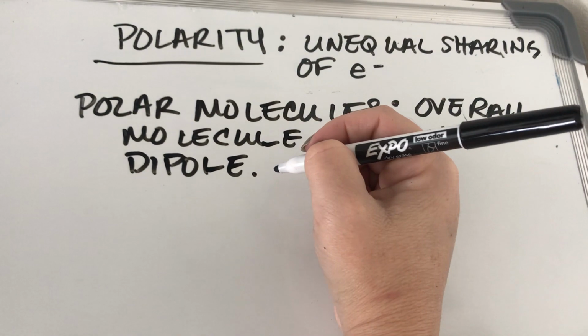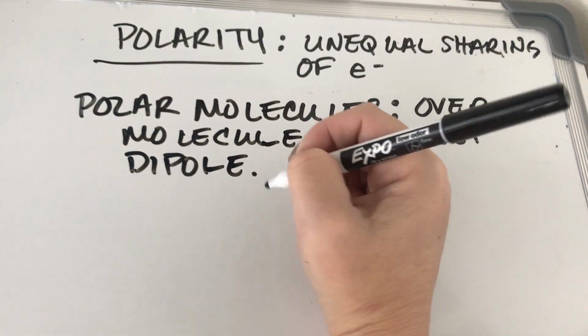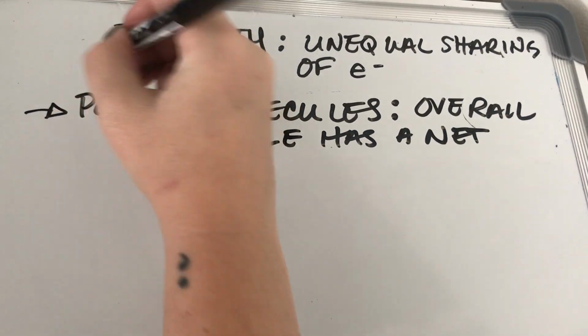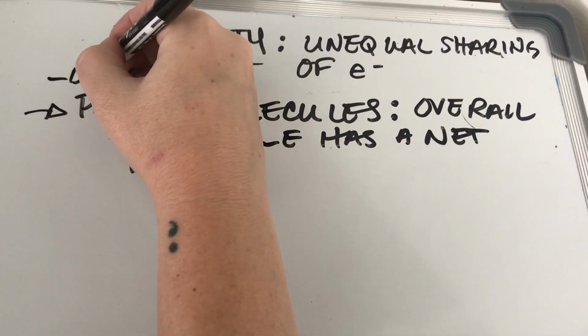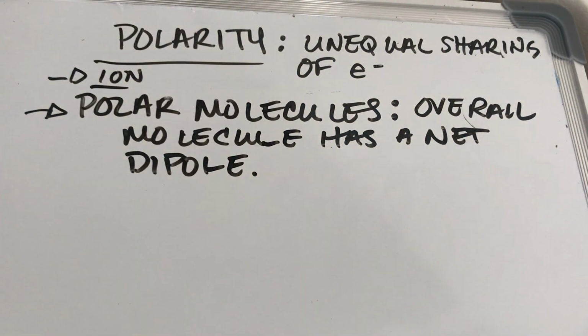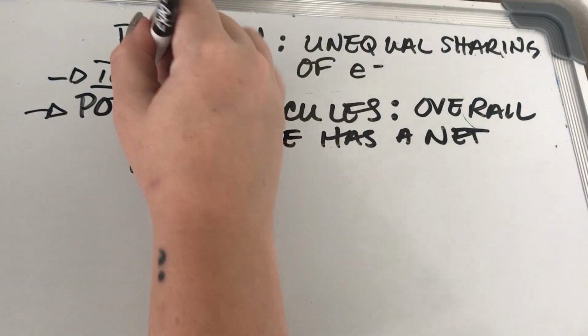Okay? What the heck does that mean? And this is as opposed to an ion, right? So you can have an ion, you can have a polar molecule. A polar molecule has partial charges, right? But an ion has formal charges.